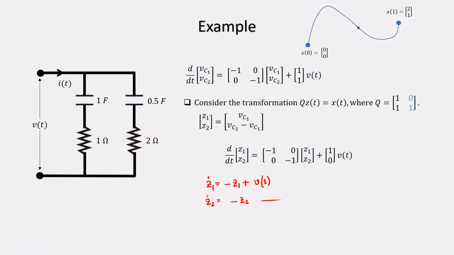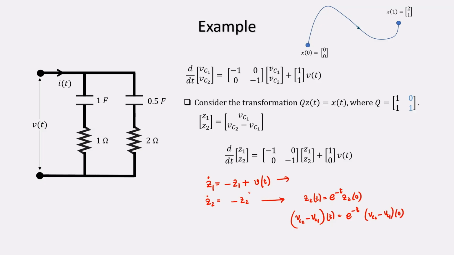What is the meaning of that? Z2 t will come out to be e to the power of minus t Z2 0, which means Vc2 minus Vc1, which was nothing but Z2, will be equal to e to the power of minus t times Vc2 minus Vc1 at 0.